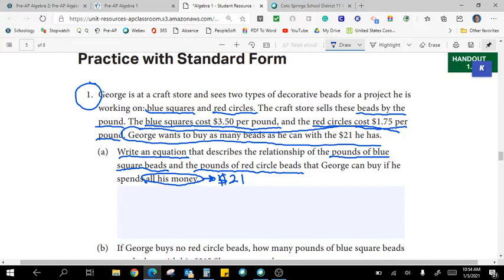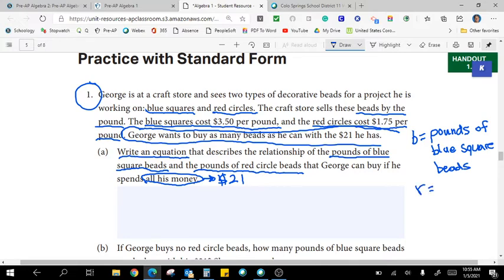We're going to say B equals pounds of blue square beads. Take your time to write that stuff out and be accurate with it.